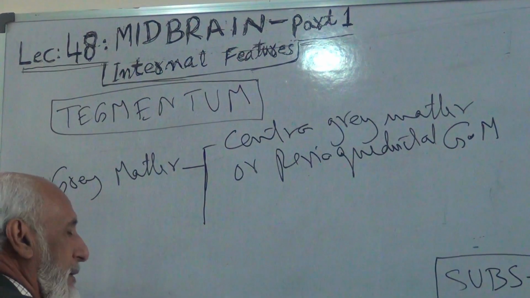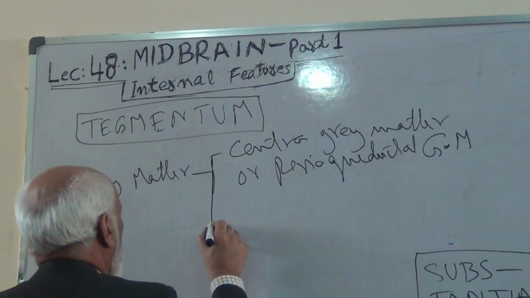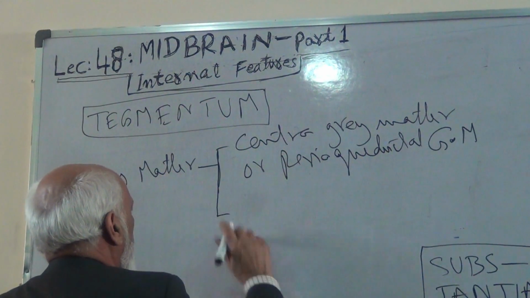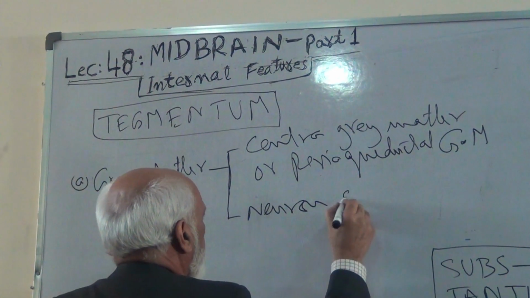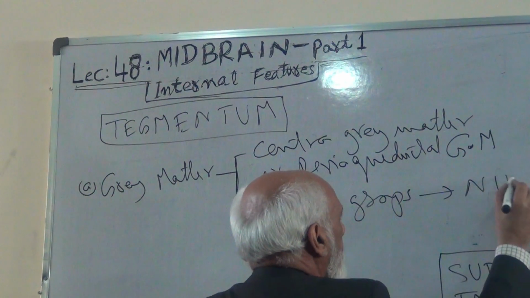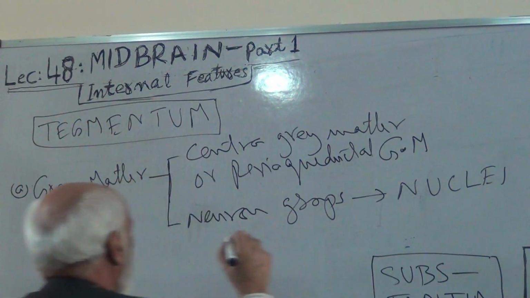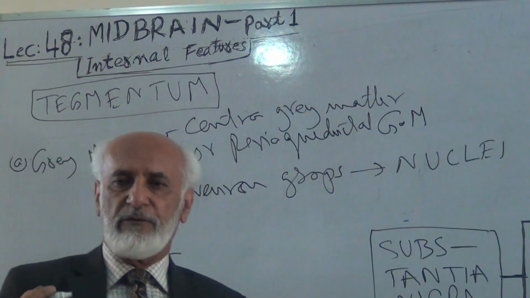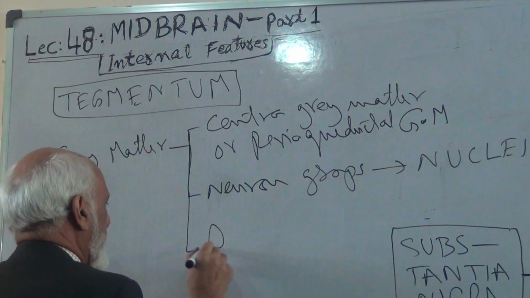Then the gray matter is in the form of groups of neurons forming various nuclei. And then there is a network of nerve fibers with gray matter known as the reticular formation.